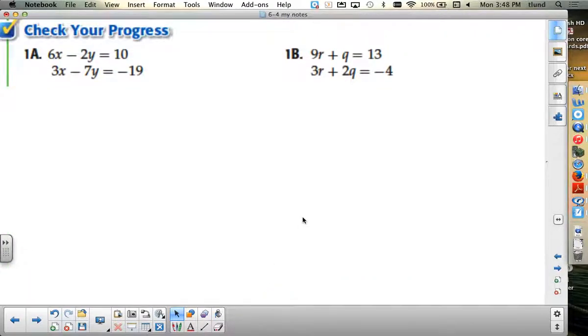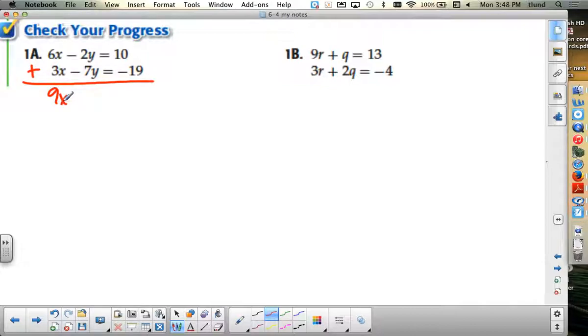Check your progress 1A. In this example, a system of linear equations, if we try to add the two equations, we'd get 9x minus 9y equals negative 9. And none of the variables cancel out.